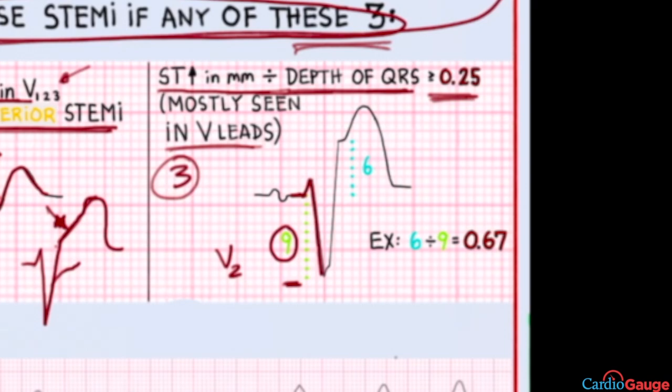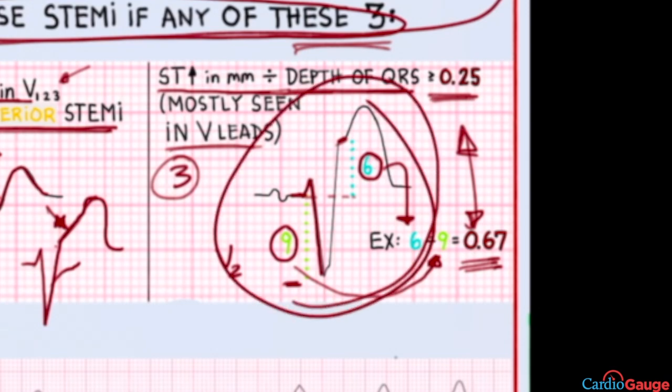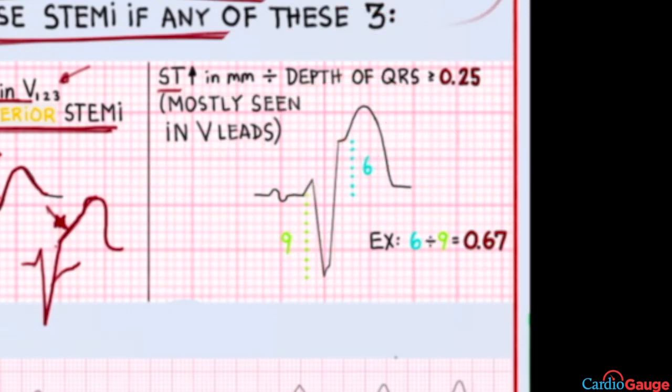And then the height of the ST elevation, so the ST segment's here, baseline is here, you've got 6 millimeters. So we take the 6 and divide it by the 9, and the ratio is 0.67, so that's way more than 0.25. This would be an example of significant ST elevation in the precordial leads.